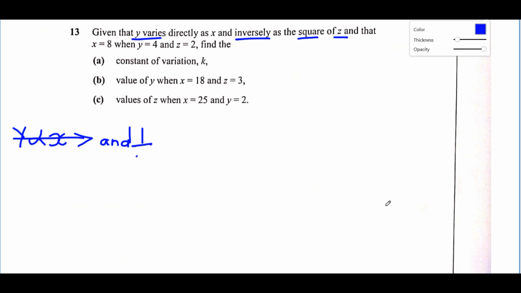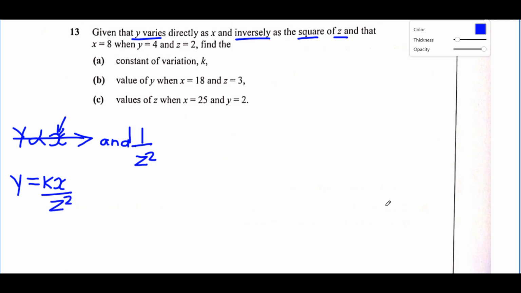So square of z, it means z must be squared. So language is very important. So square simply means you need to raise it to the power 2. So we have y is equal to, so after a cosine, introduce the constant of variation. Then we put the x, this x here, over z squared.